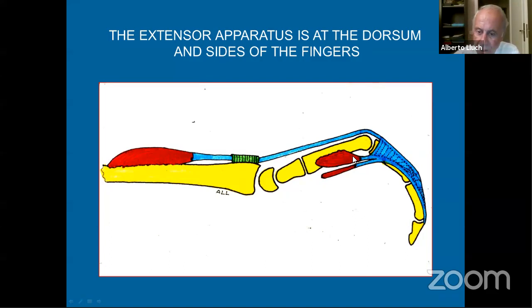This is the intrinsic muscle, well, the interossei, because there's another intrinsic on the radial side, which is the lumbrical. The lumbrical is more anterior because it originates in the flexor tendon, and it passes volar to the intermetacarpal ligament that we will see in a moment.